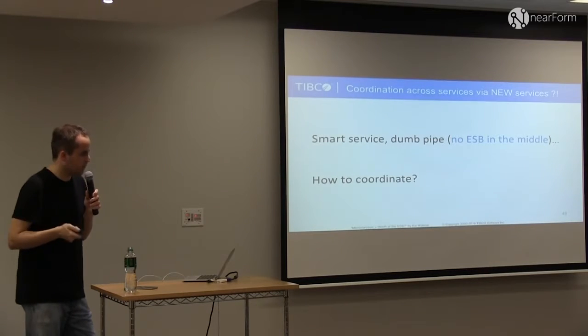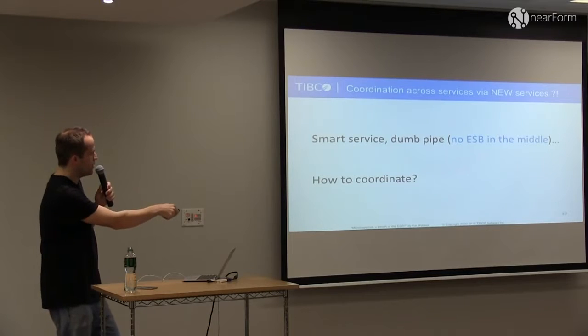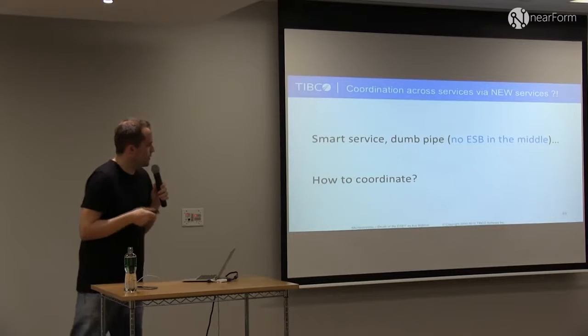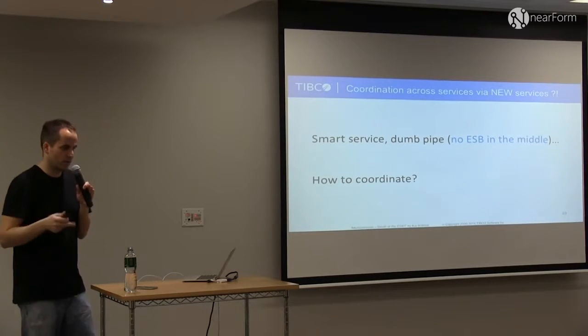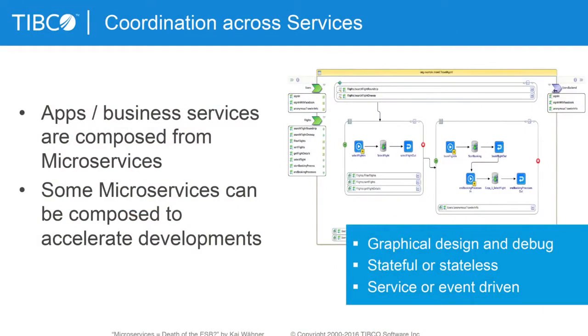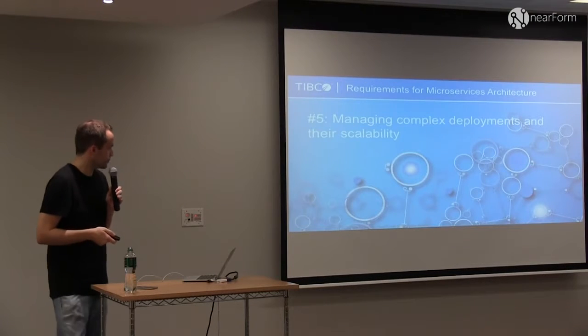And here again we have the topic smart service, dumb pipe, no fat heavyweight ESB in the middle, so that's absolutely fine, but nevertheless you have to coordinate them somehow, and if you use a tool like an ESB, then you do that graphically and build your new REST service, for example, which coordinates other REST services. That's one of the possibilities you have to do that.